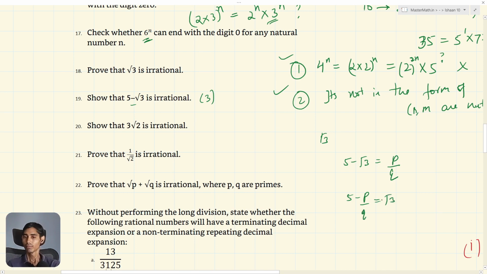Okay, is that all right? Which question I have to do? We are doing this 19th. So we have to show that 5 minus root 3 is irrational.